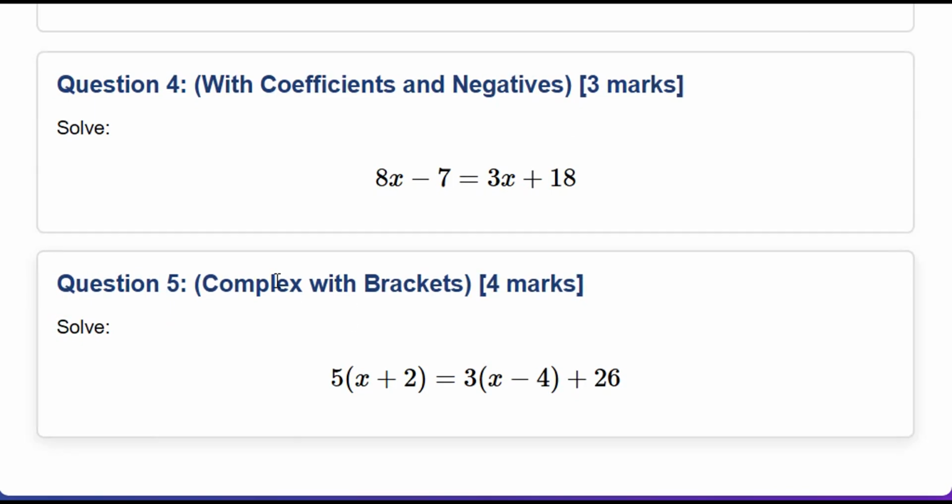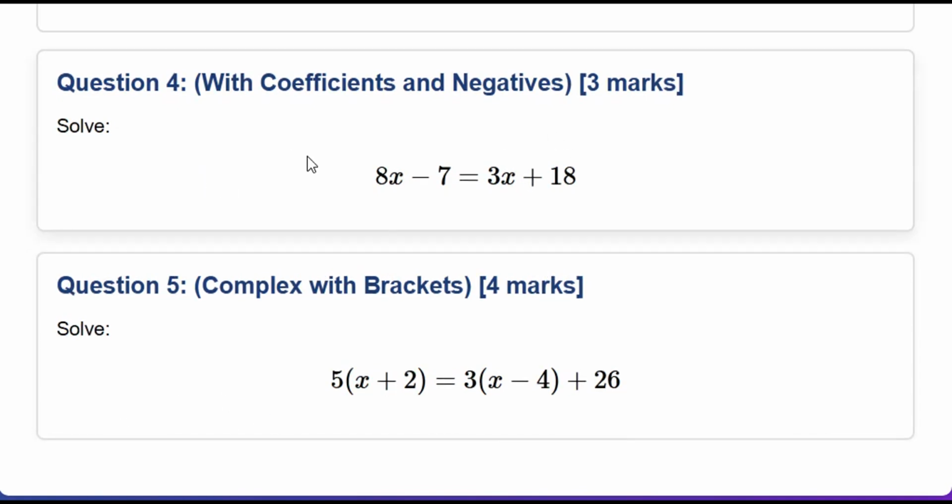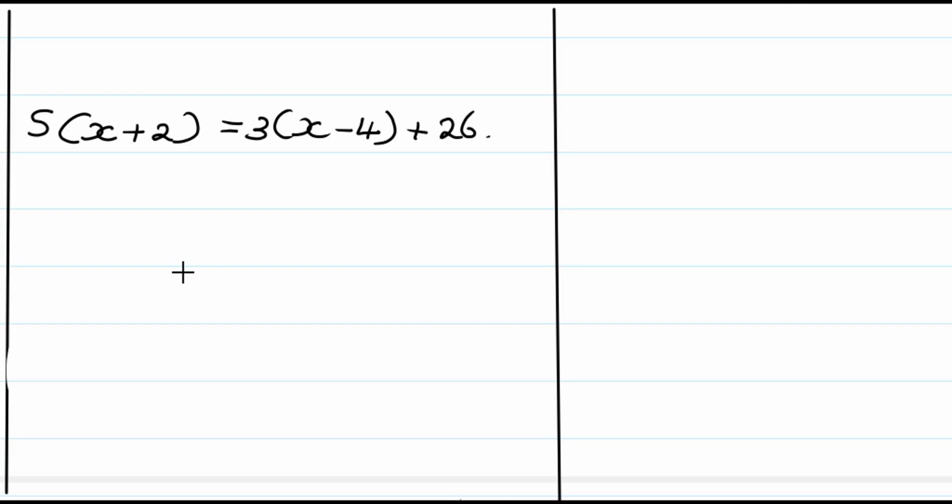So can we try to solve the last question, which is question 5, and which is the most complex. So in this question 5, the first step is to open the brackets. I told you so, we need to take all the values inside the brackets, we multiply them by the value outside the brackets.